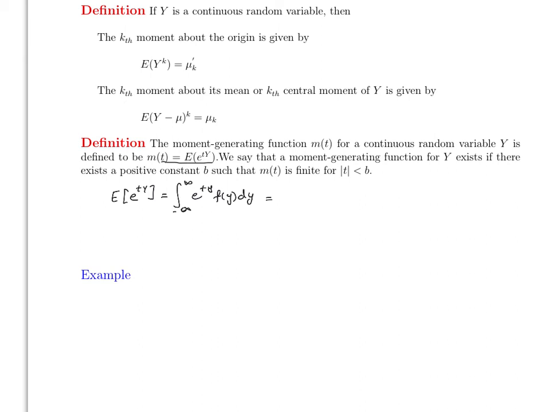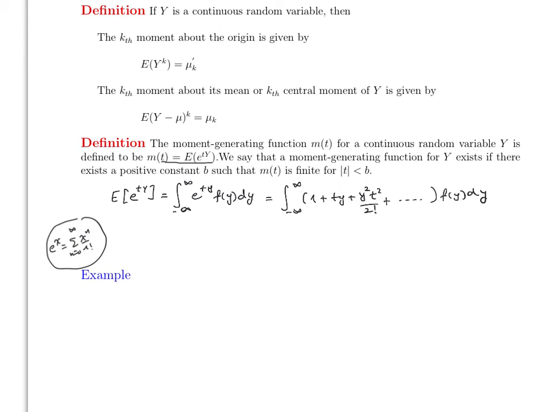But if we use the same formula from before, e to the x is equal to the sum of x to the n over n factorial, from 0 to infinity, which is the same one we used in chapter 3. Then this is the integral from minus infinity to infinity of 1 plus ty plus t squared y squared over 2 factorial, and so forth.